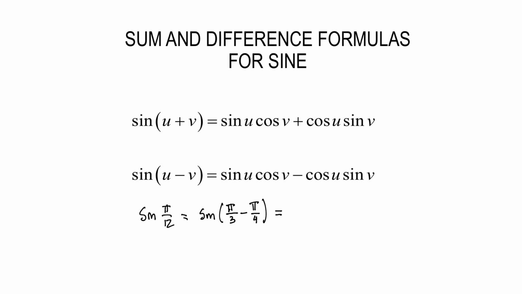With the sine, we have the similar signs, and I always take the sine of the first. So we go sine of pi over 3, and with the sine formula, we take the cosine of pi over 4. The signs are going to match up here. Then I haven't taken the cosine of pi over 3, so now I take the cosine of pi over 3 times the sine of pi over 4.